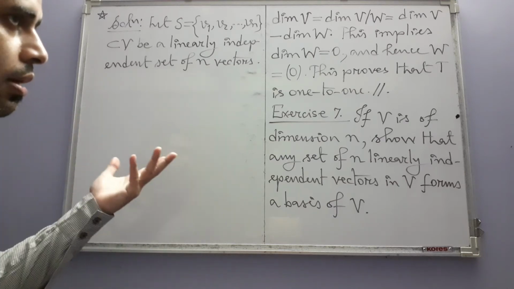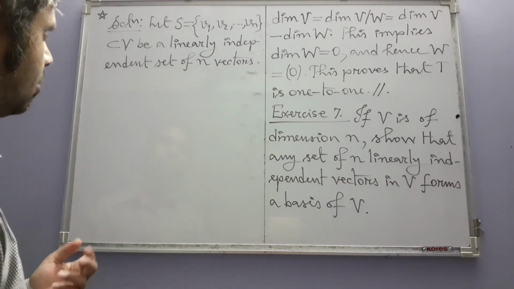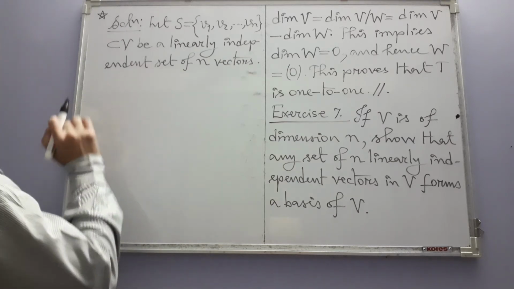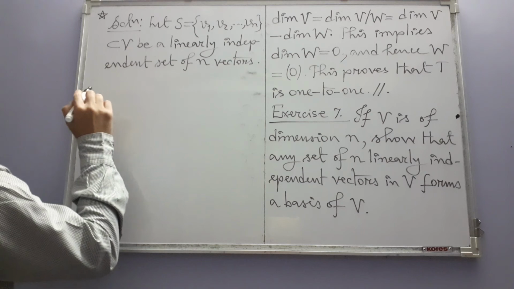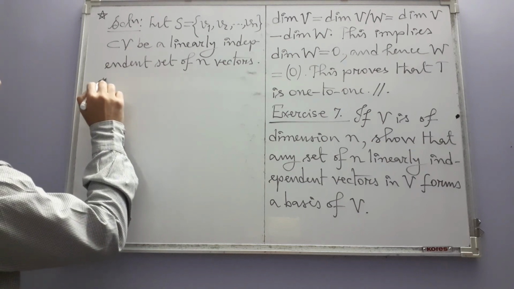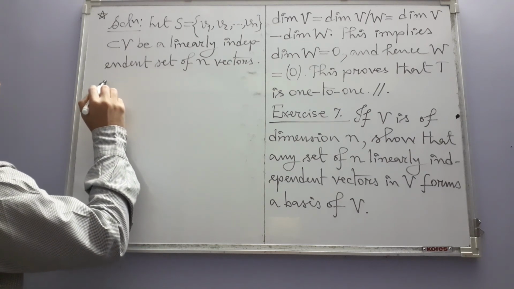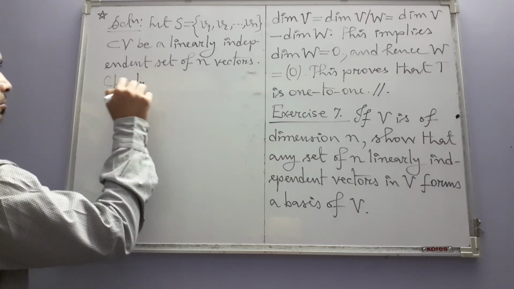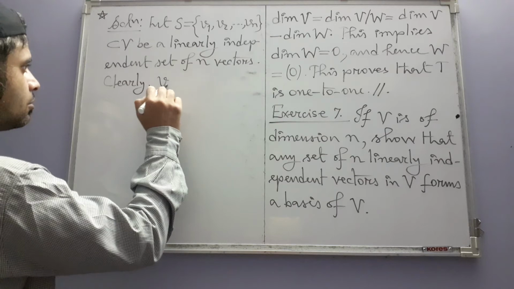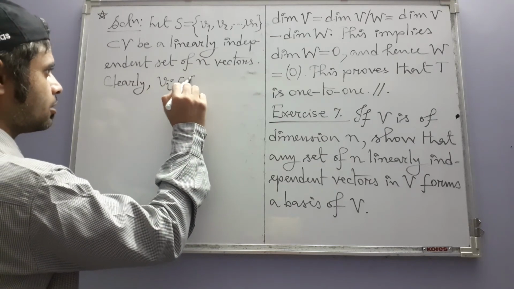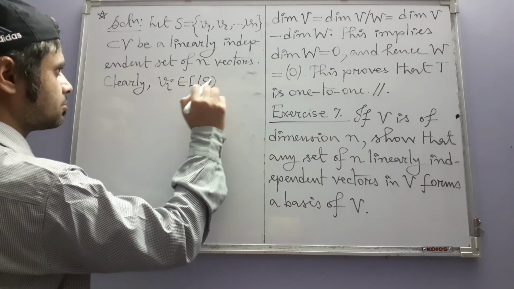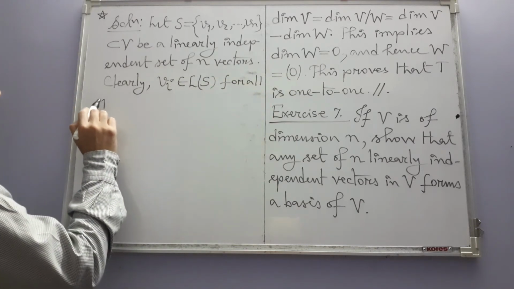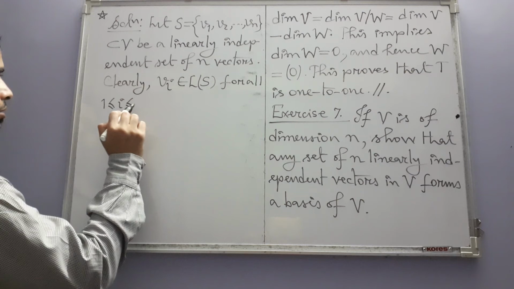So already it's linearly independent. We now have to show that it spans V. Clearly, Vi belongs to the linear span of S for all i lying between 1 and n.